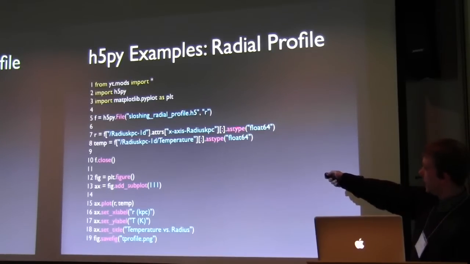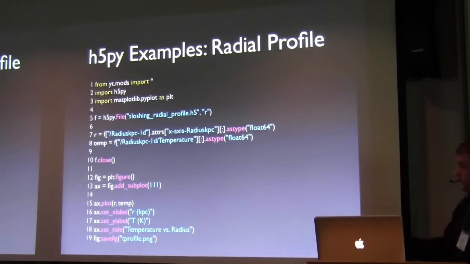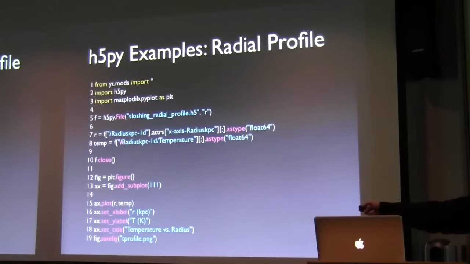And the .astype float64 is basically just going to return a double for us. The temperature is also inside the group radius kiloparsec-1D, but it's a data set inside that group. So we're grabbing the radial temperature like that as well. And then after that, you just simply close the file handle by calling f.close.